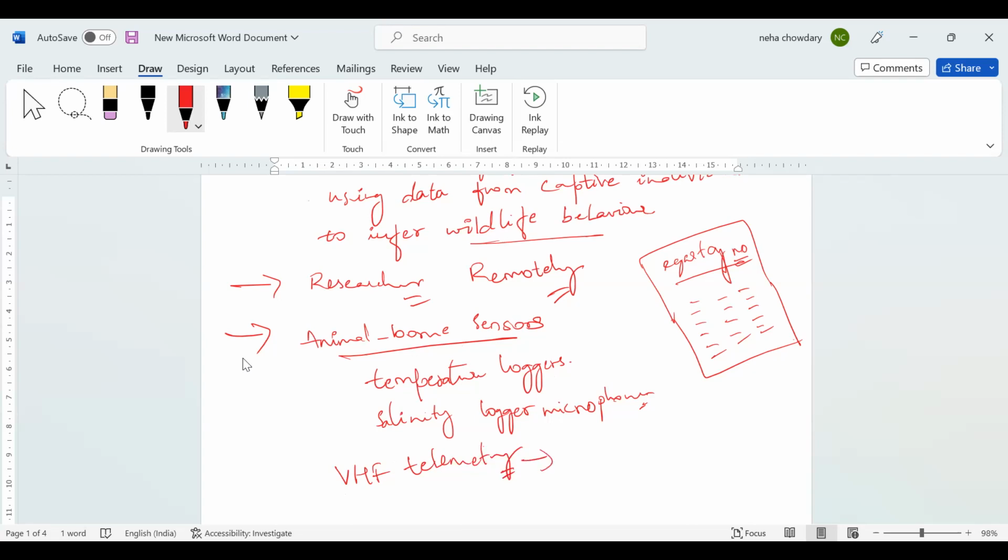But in recent years it has become common practice to track animal location with, as you all know, satellite systems.